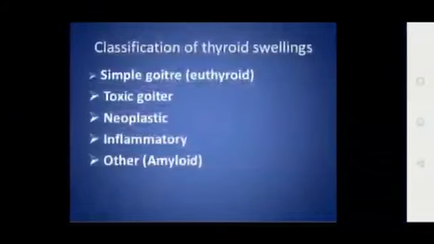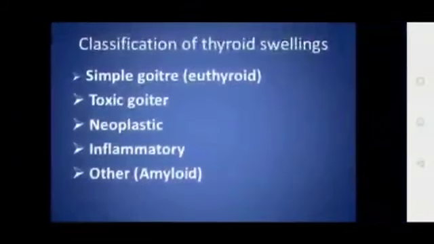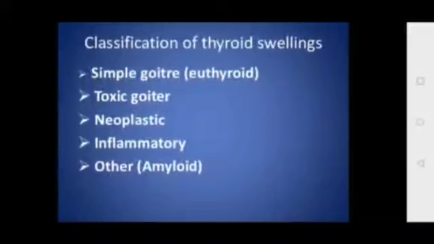What is the classification of thyroid swellings? We had already discussed it in the previous class. It can be a simple goiter, which is euthyroid, without any derangement of the thyroid hormones T3 and T4.